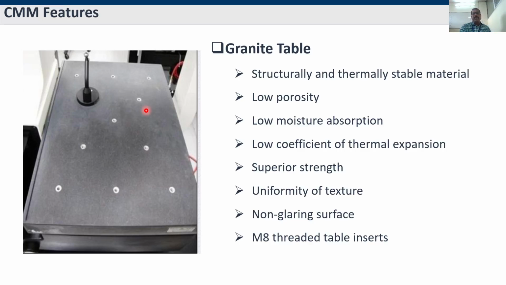When you measure using non-contact optical inspection with this same CMM, the texture plays a vital role, and non-glaring surfaces are much needed, like when using white lights for scanning. Probing may be different, but for scanning you need a uniform texture and a non-glaring surface.